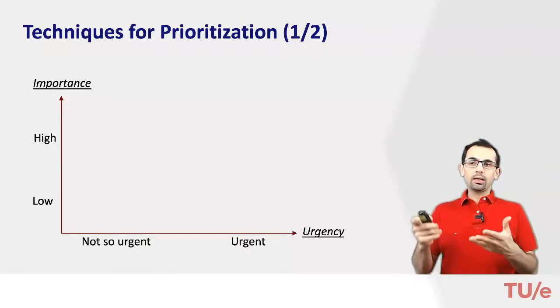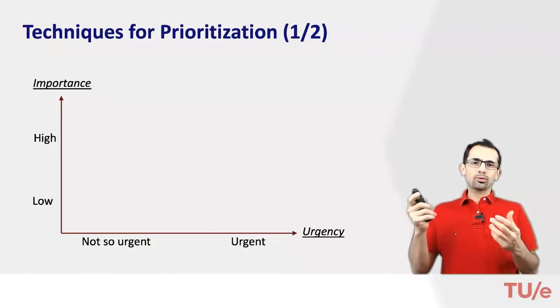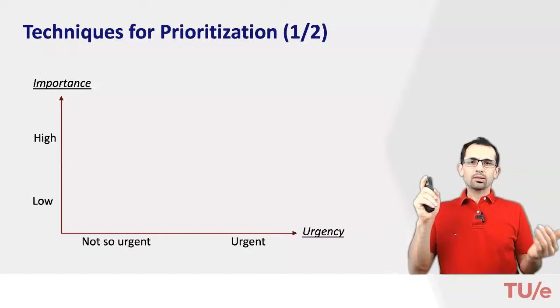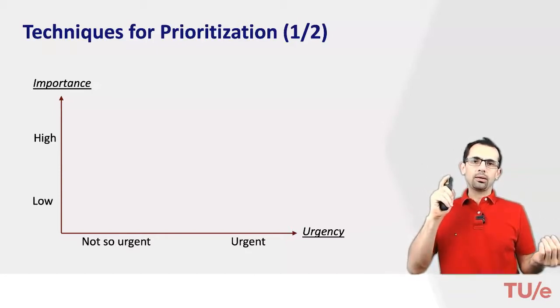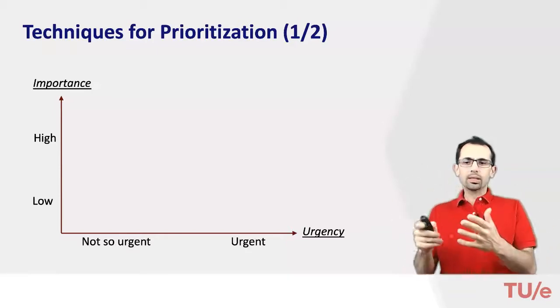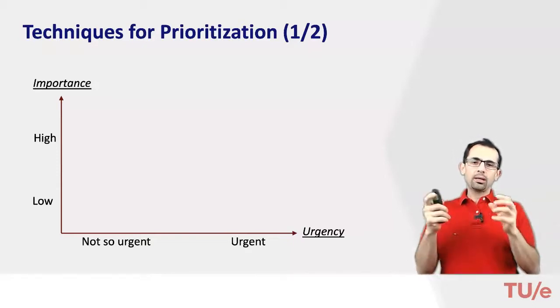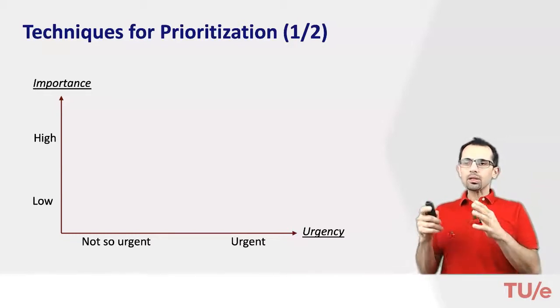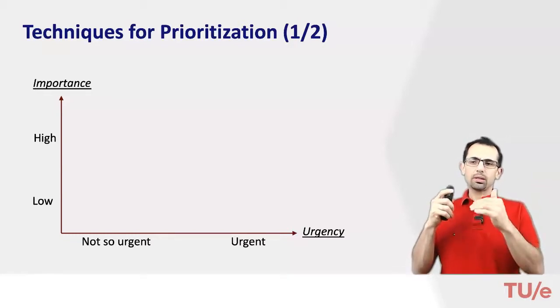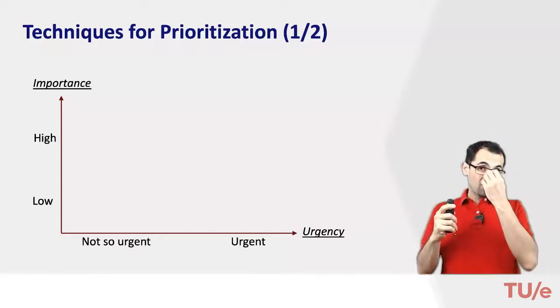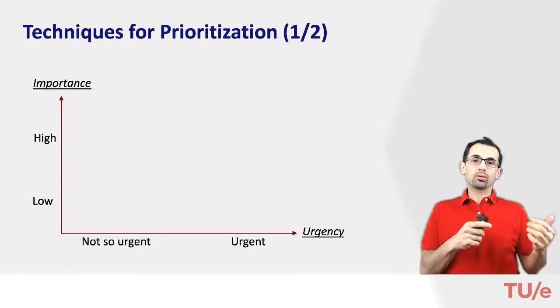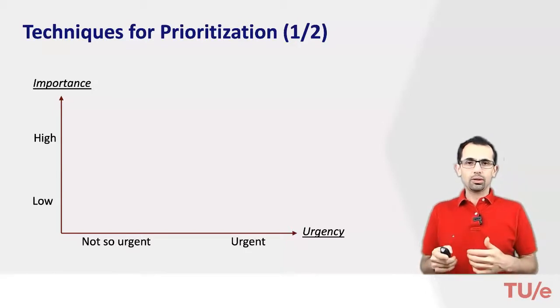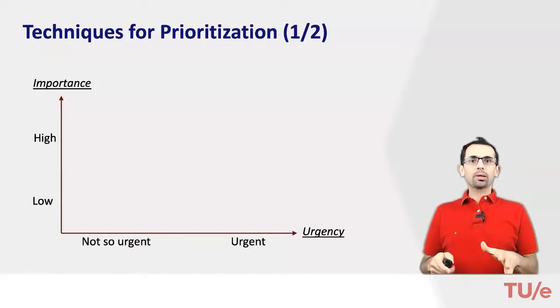One of the ways is to have two axes, like here, importance and urgency, and put the requirements into these four quadrants. You can see whether the requirement is of high importance or low importance, or whether it's urgent or not urgent. This is one of the typical ways.